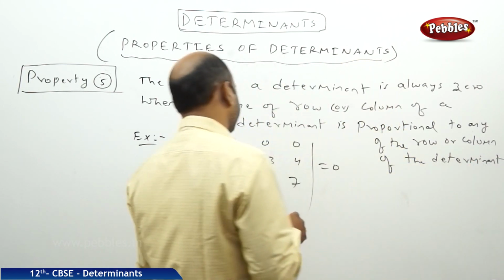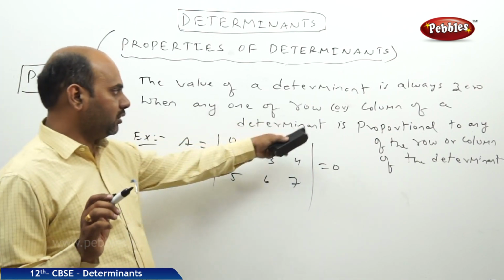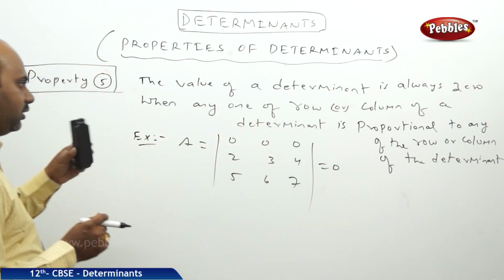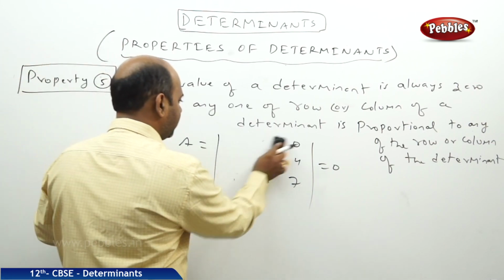Observe carefully property 5. The value of a determinant is always 0 when any one of the row or column of a determinant is proportional to any of the row or column of the determinant.